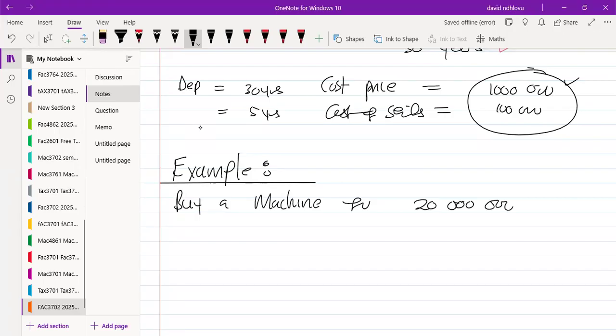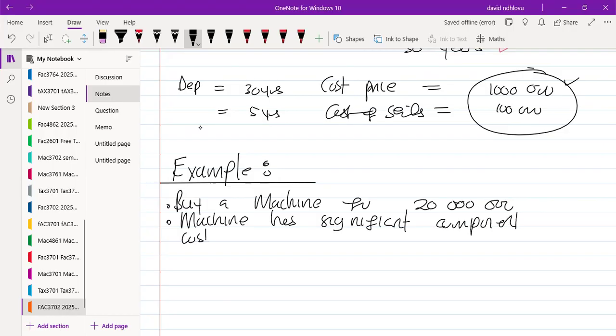Then let's say the machine has a significant component, costing 2 million, price included in the 20 million.